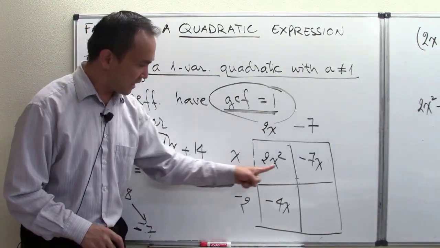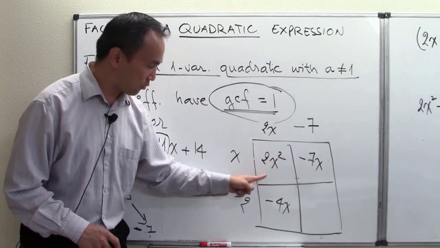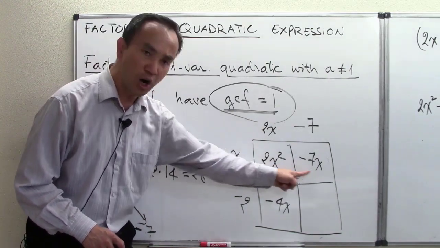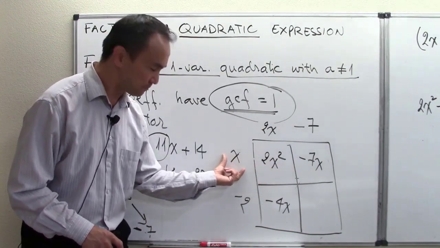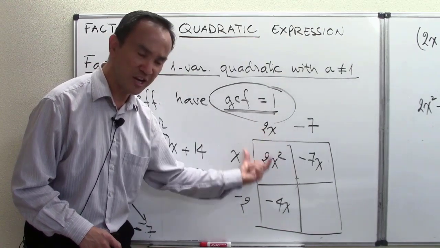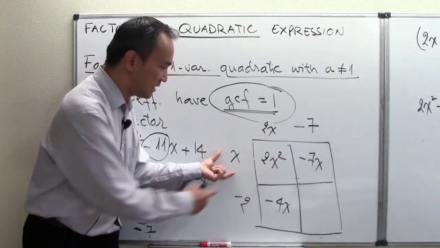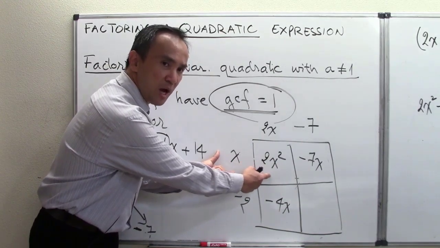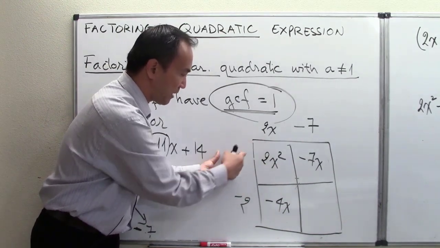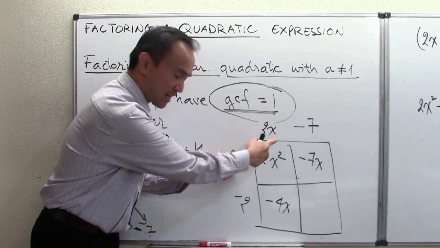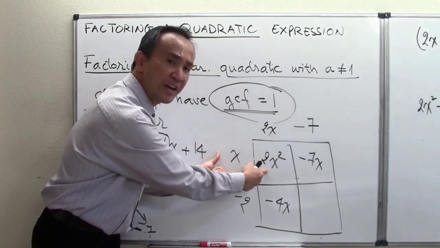Okay? Now, in the way I did that, once I chose the GCF on this row right here, that came out being x. Think of this as a multiplication table. So x is the GCF of these two terms. For that entry being 2x squared, it must be 2x multiplying with x to give me 2x squared.